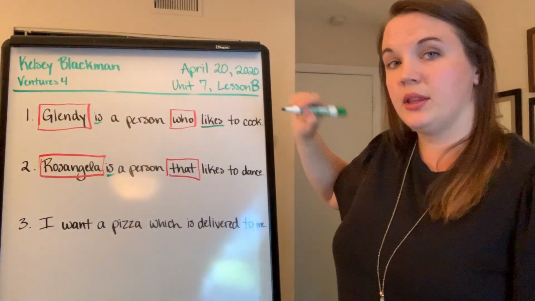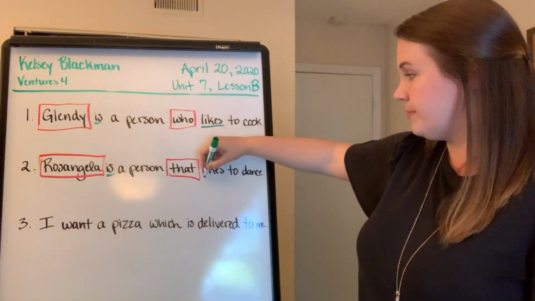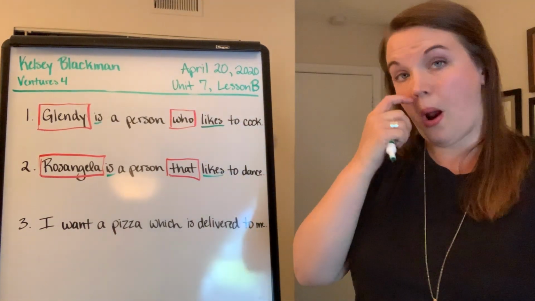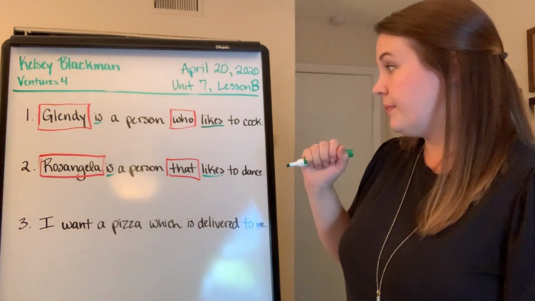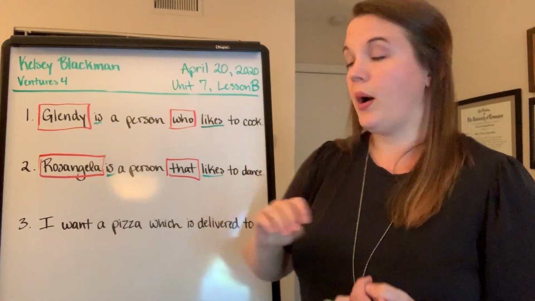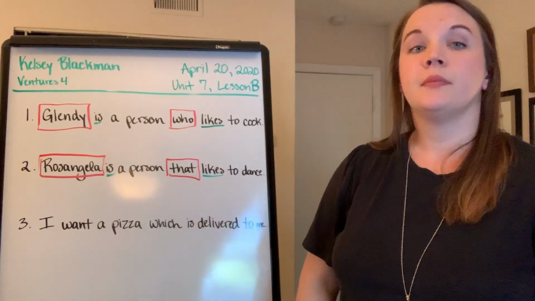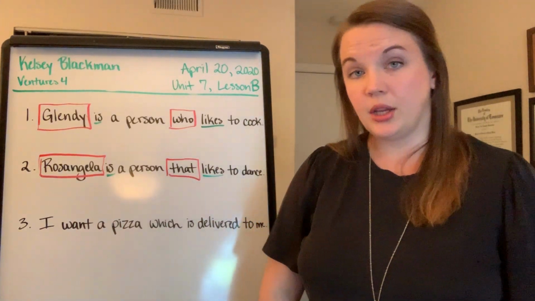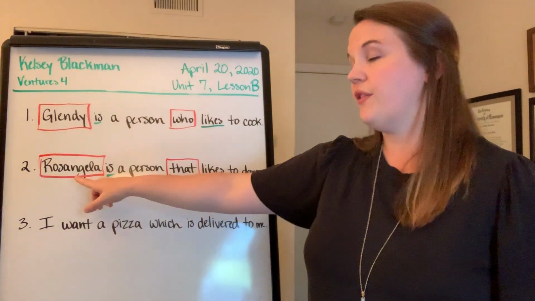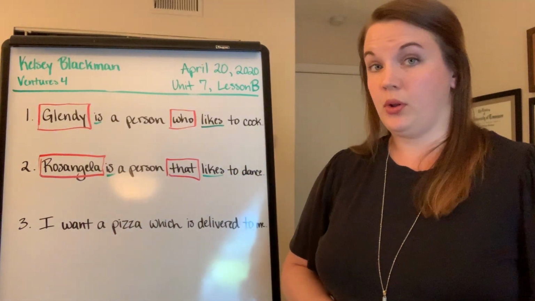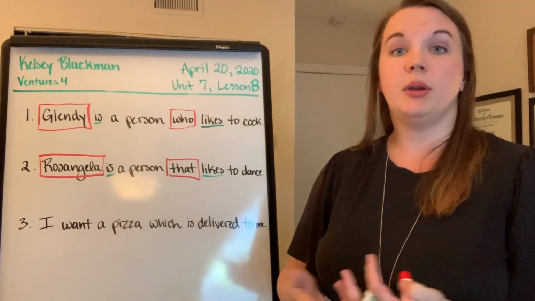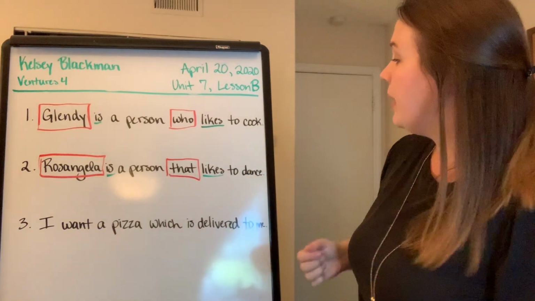And what is the verb in the second clause? Likes. Okay? Now, do you remember why we used that? That can be used when the subject of the first clause is either people or things. It can be used for both. Okay?